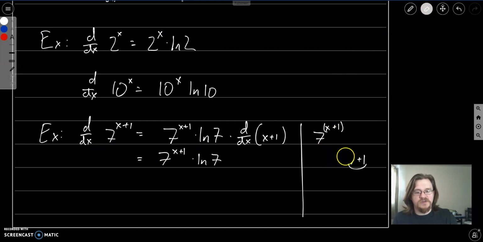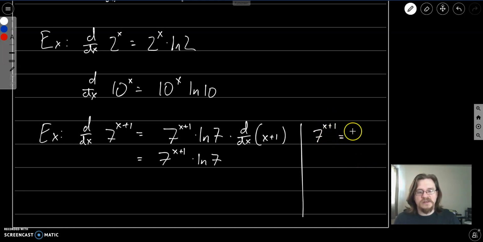Again, over here in some scratch work, I'm going to take 7 to the x plus 1, and I'm going to rewrite this as 7 to the x times 7 to the first power. When we multiply exponentials with the same base, we get to add the exponents together.